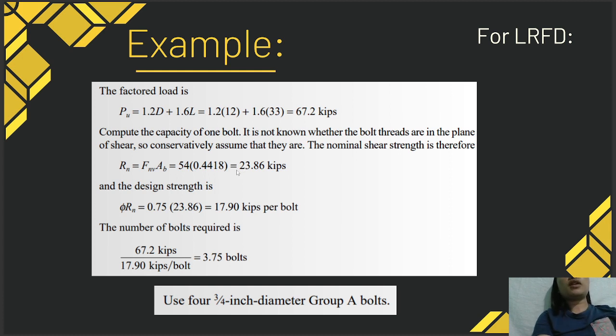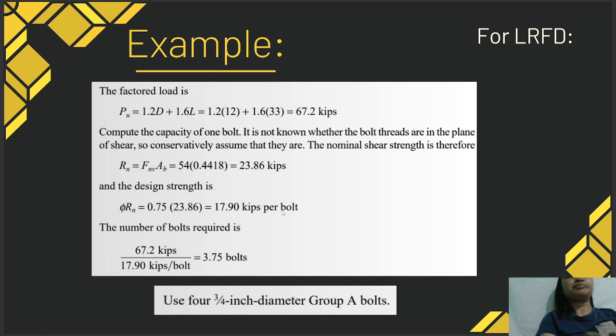So we have 23.86 kips for the nominal strength. And our design strength is the resistance factor times the nominal strength, which is 0.75 times 23.86, equal to 17.90 kips per bolt.